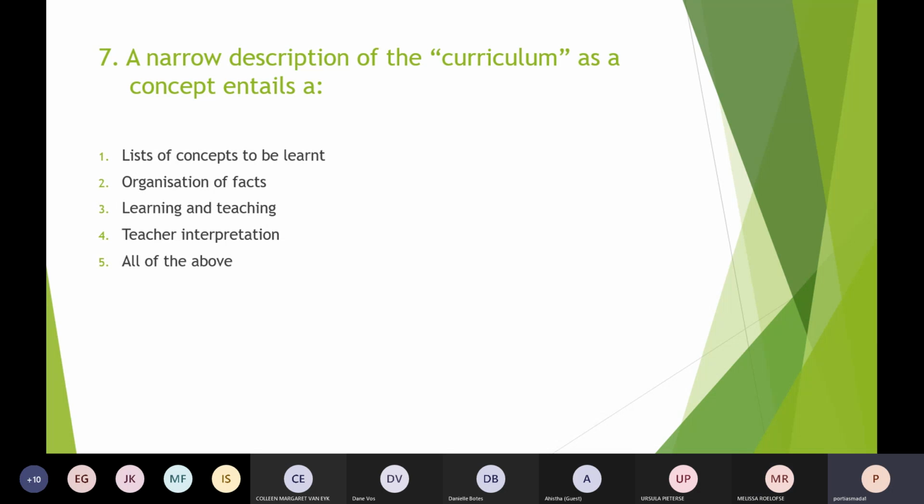Melandri, what do you think? Anyone? Danae, what do you think?